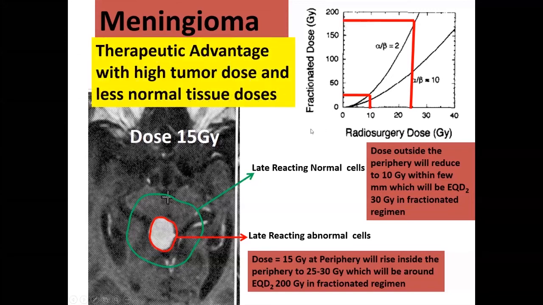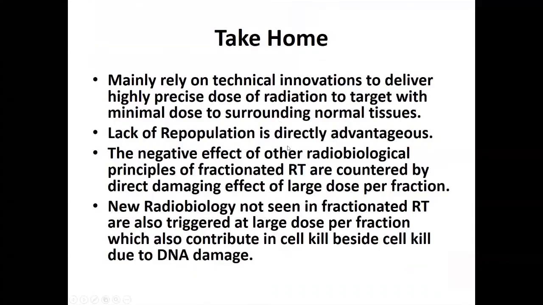I hope you understand. So here I finish my talk by summarizing that the radiobiology mainly relies on technical innovation to deliver a highly precise dose of radiation to the target with minimal dose to surrounding normal tissue. There is a lack of repopulation, which is an advantage in non-fractionated radiotherapy.